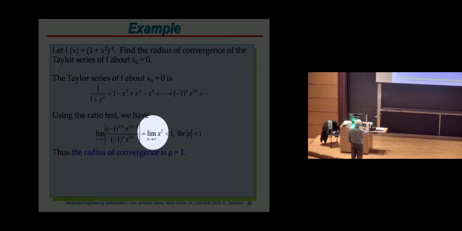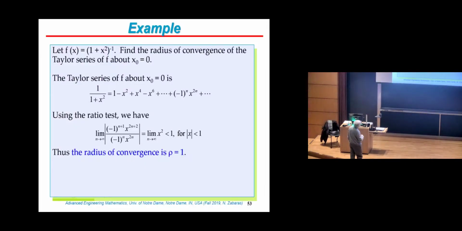So remember, the ratio test says that this has to be less than 1. So the absolute convergence takes place when the absolute value of x is less than 1. So again, the radius is equal to 1. So the ratio test and this distance from the roots to x0 give you the same answer here.